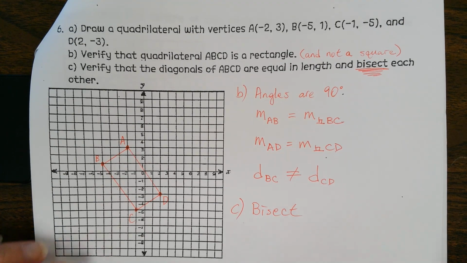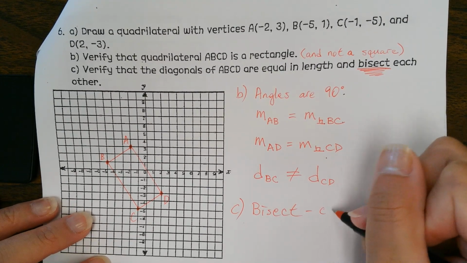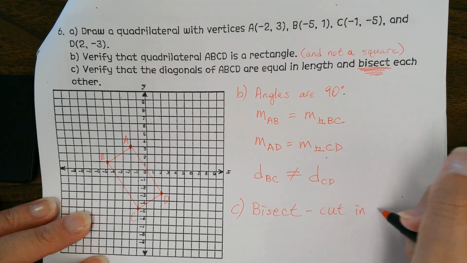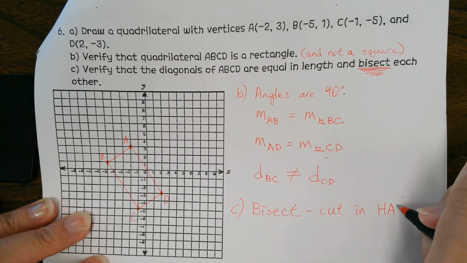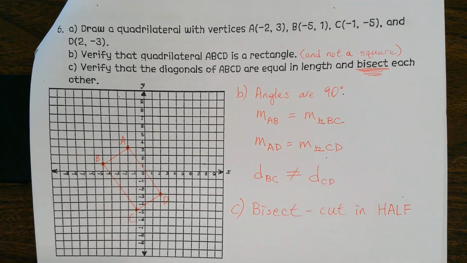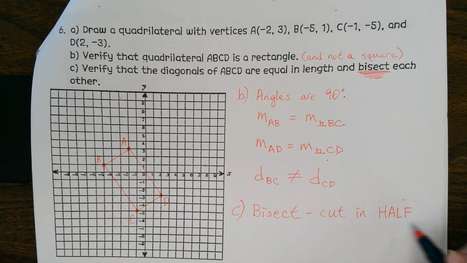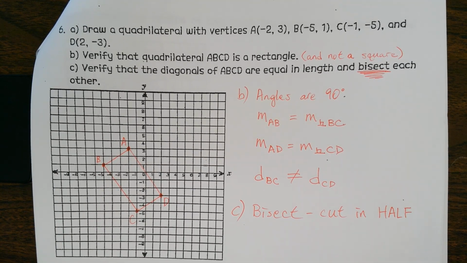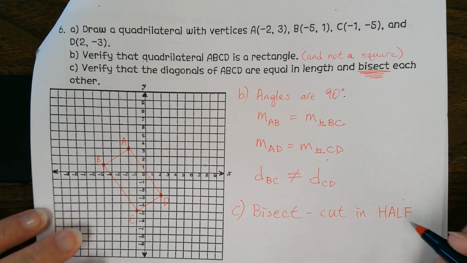Cut in half, exactly. So bisect doesn't only mean that it crosses but it's cut in half. So when you think of the word half, what other word comes up? Ryan? Midpoint. That's right.